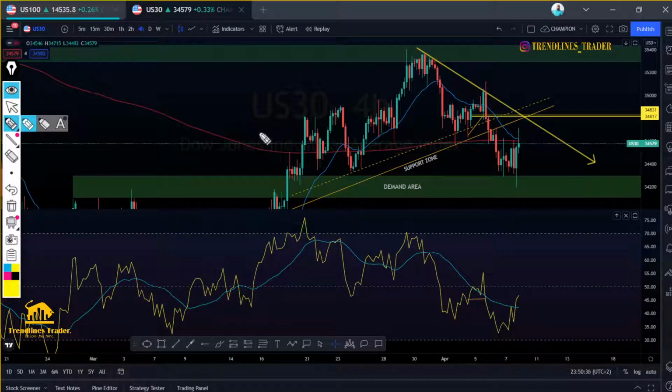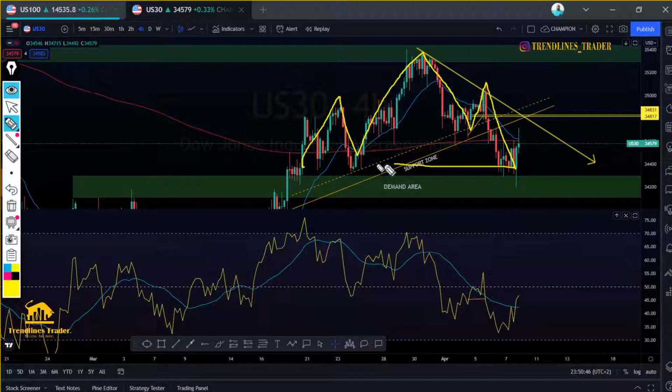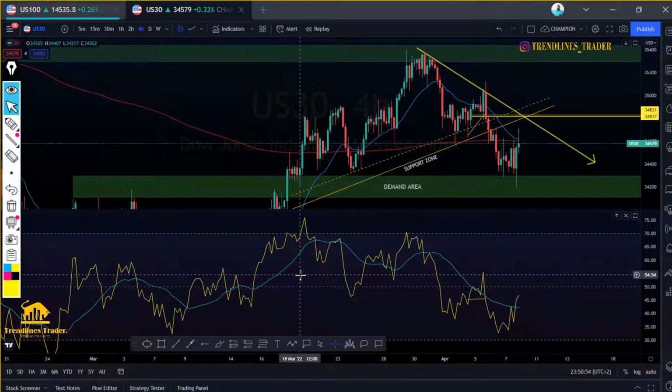It seems like it contradicts itself, because at some point I see a head and shoulders pattern. I hope this makes sense. At some point I see the price pushing towards the downside, and a divergence that says the price is about to push towards the upside. Look at this.